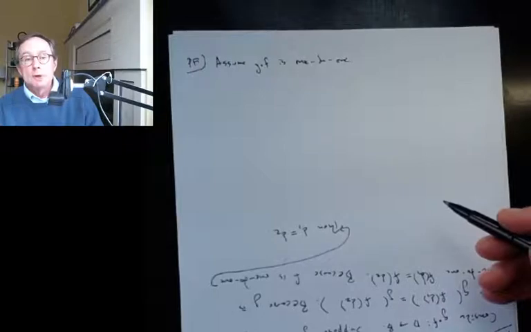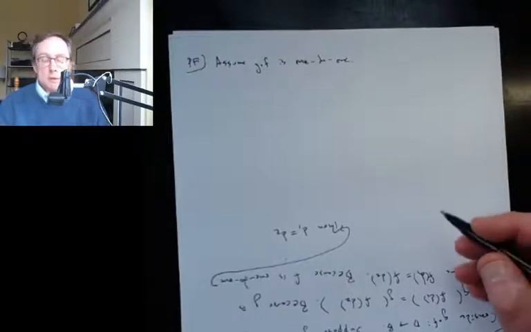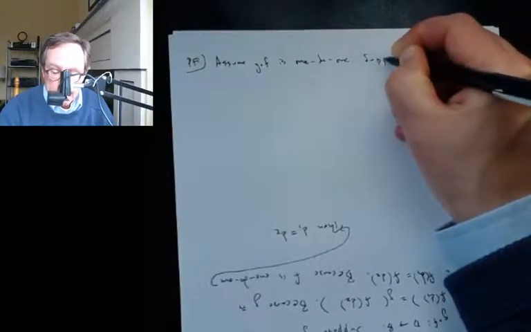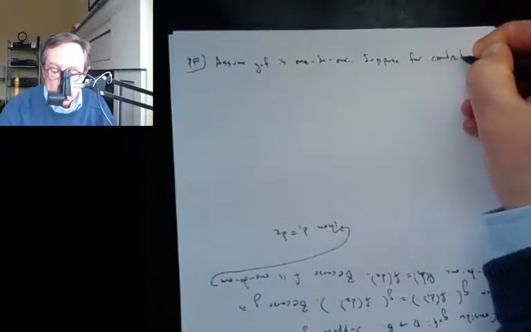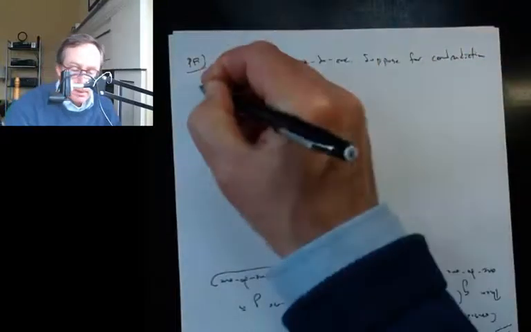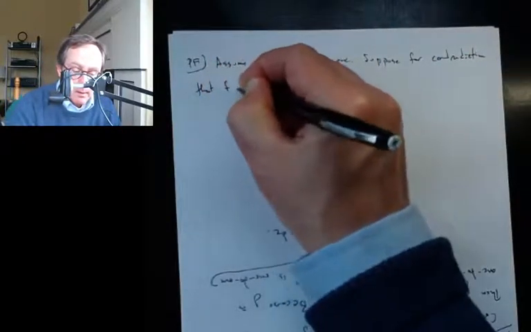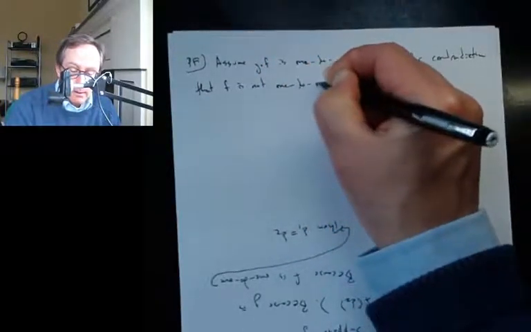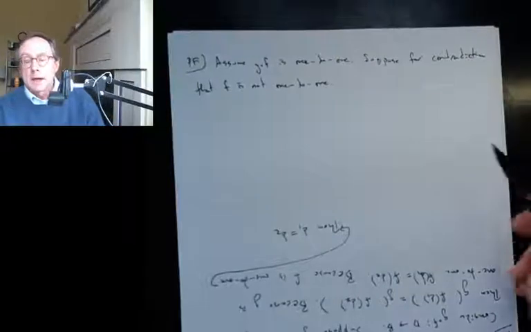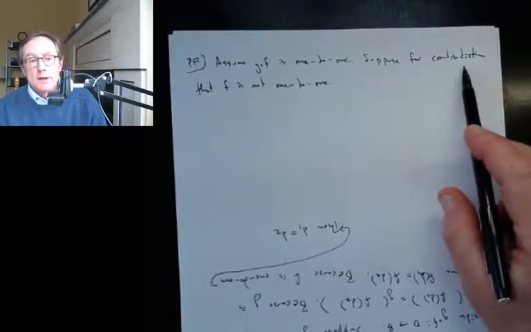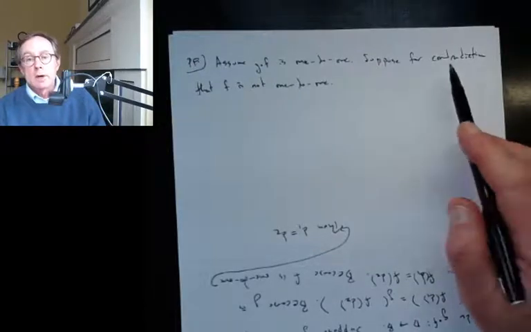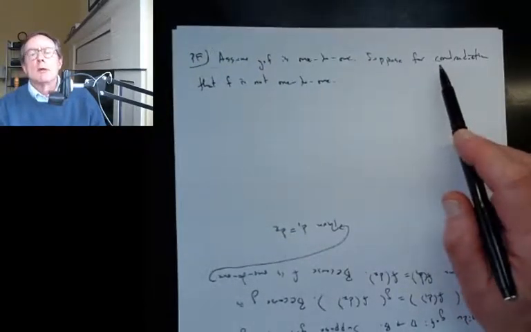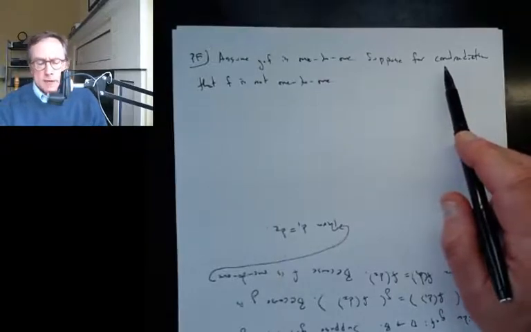So I suppose for contradiction that F is not one-to-one. I think it's helpful to write something like "for contradiction," because a person reading your argument wants to know why we're doing this: we're going to get a contradiction.